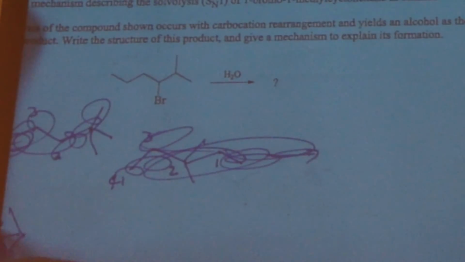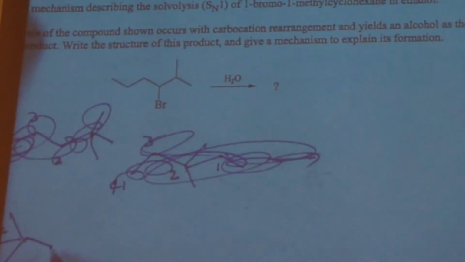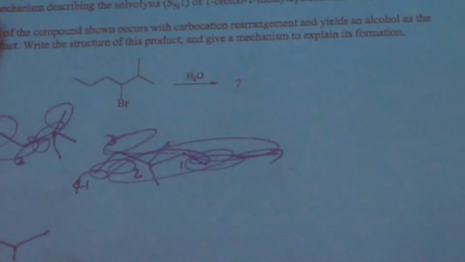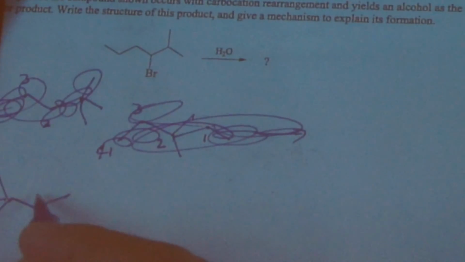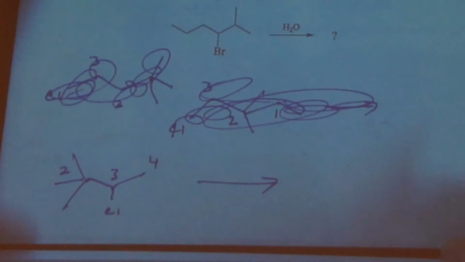Okay, so this is the 2,2-dimethyl-3-chlorobutane, and that goes to the product which is 2,3-dimethyl-2-butanol.